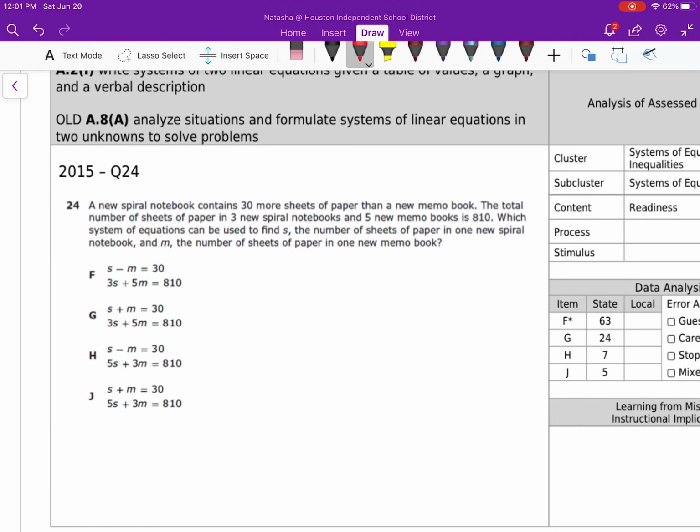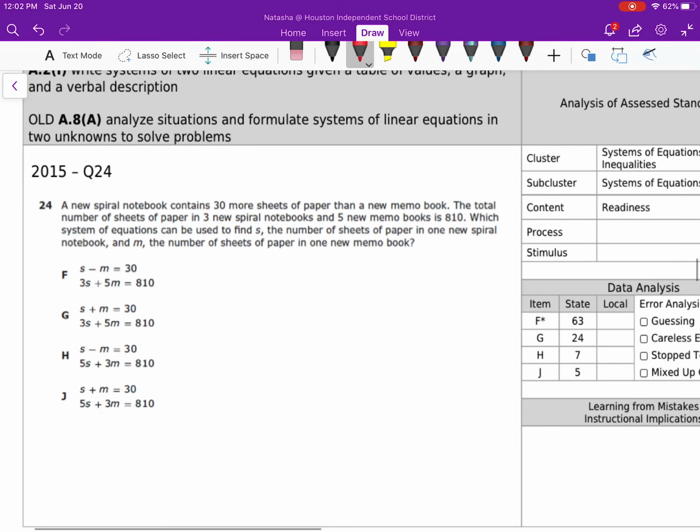All right. Next question. A spiral notebook contains 30 more sheets than a new memo. So 30 plus M. The total number of sheets in 3 new spiral and 5 new memo books is 810.